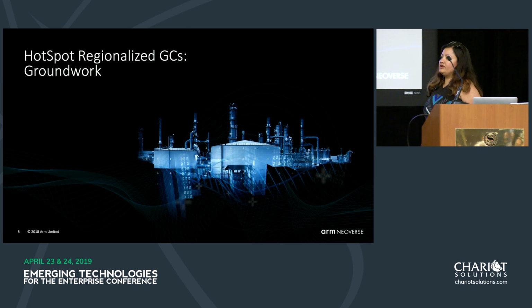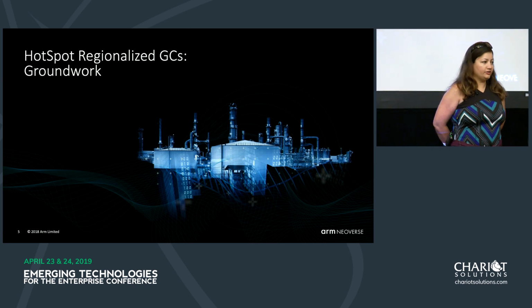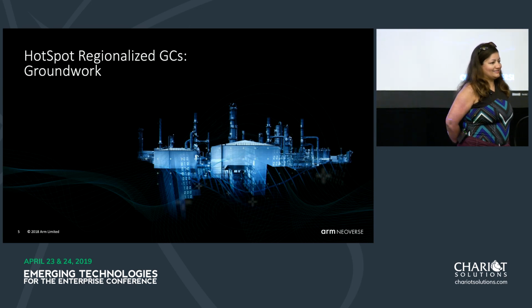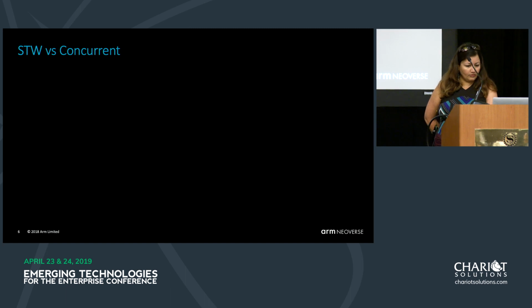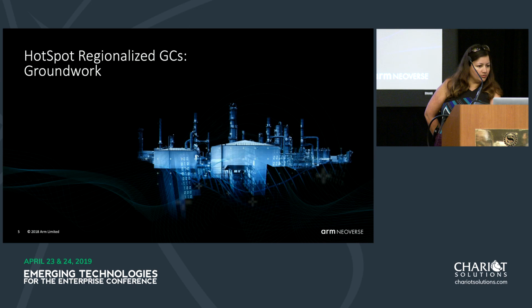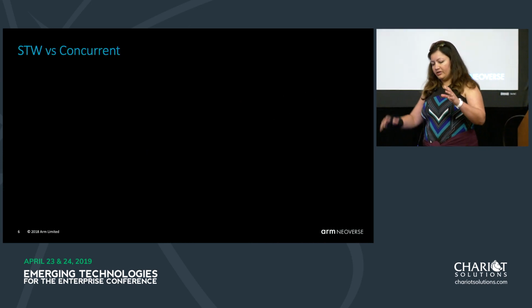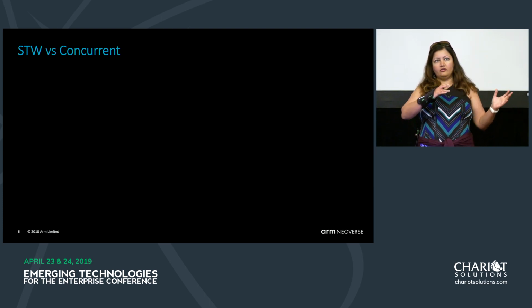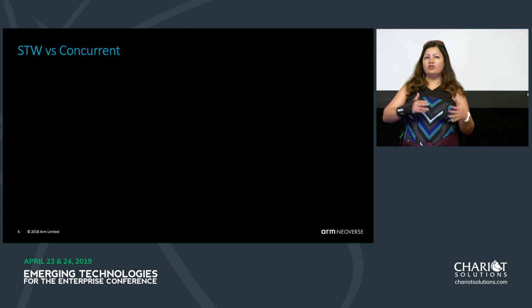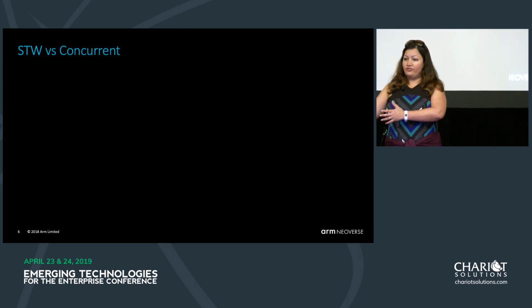So the 3 collectors that I'm covering today, ZGC, Shenandoah, and the Garbage First garbage collector, are all regionalized. Okay? So what does that mean? Before regionalized, let me also talk about Stop the World collection in general, because even when you're regionalized, the concept is that all these regionalized collectors are copying from one region to the other region.